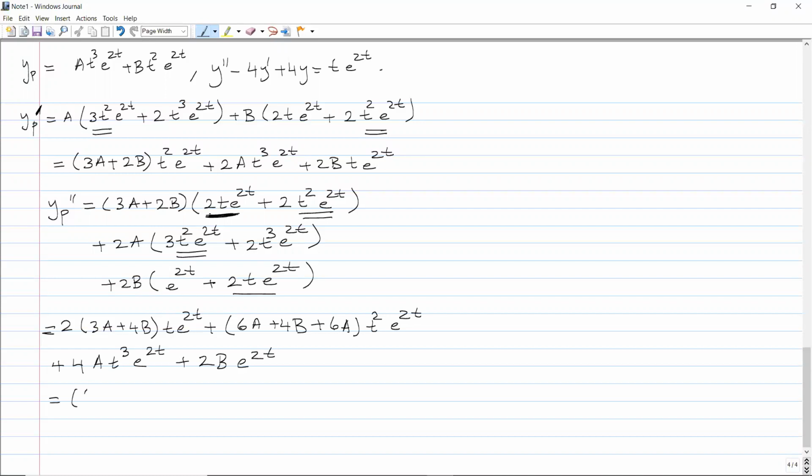So 6a plus 8b, t e to the 2t, plus 12a plus 4b, t squared e to the 2t, plus 4a t cubed e to the 2t, plus 2b e to the 2t.